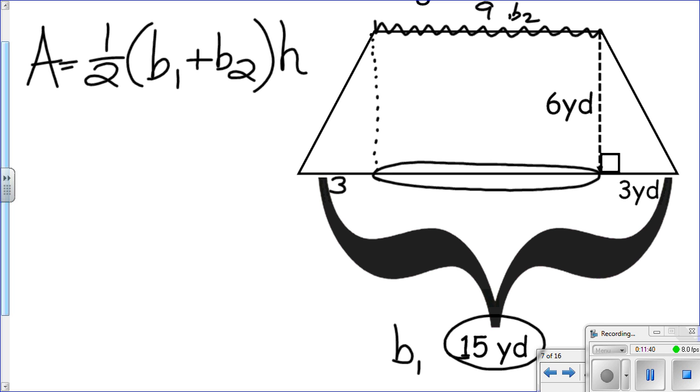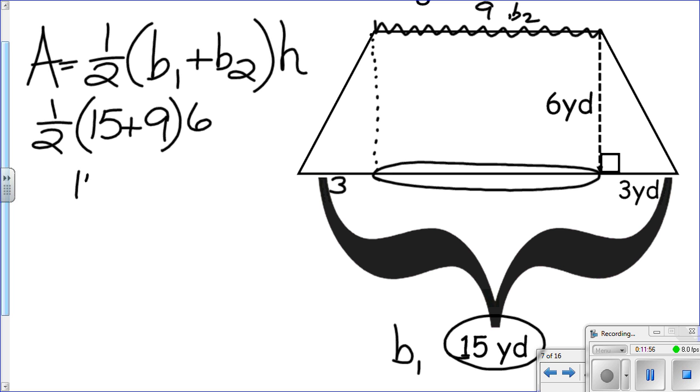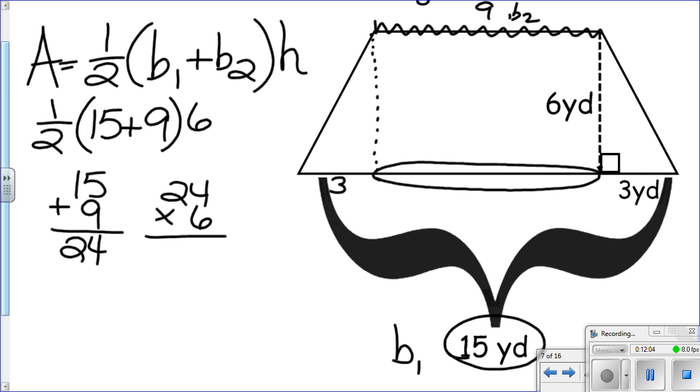Now I can plug in my information into the formula. Will I be dividing by 2 here at the end? Yes. So 15 plus 9 times 6. What's 15 plus 9? 24. 24 times 6, 144.